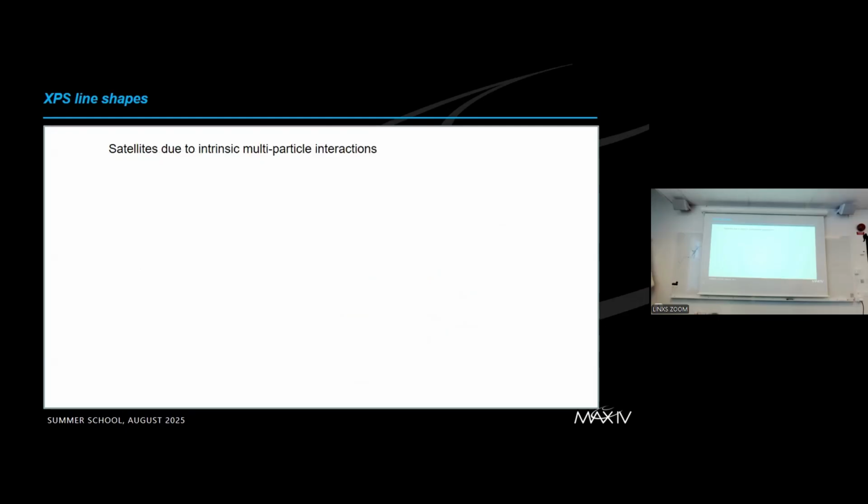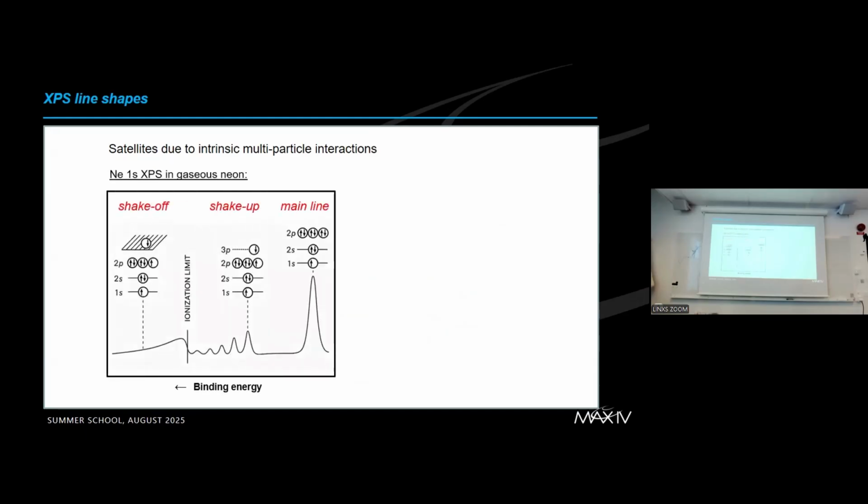Now, the next thing is satellites due to multiparticle interactions. This is a neon spectrum in neon gas. What we see is a main line here due to the promotion of 1s electrons and measuring the kinetic energy of these electrons. And then we have a row of satellite lines. This is essentially the same line, but it has somewhat lower energy because we, in addition, lose some energy on exciting the valence electrons into the unoccupied valence states.